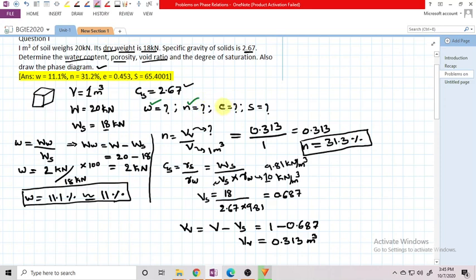Then the voids ratio, right? So this is e. How can I find out e? I know the formula: e equals n divided by 1 minus n.